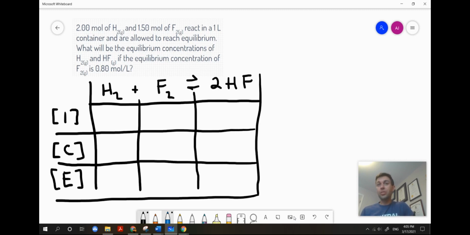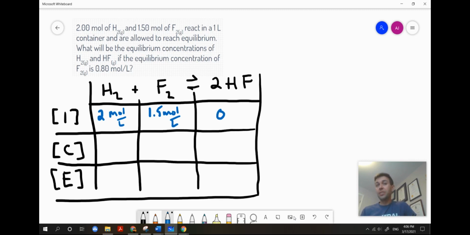So the concentration initially of hydrogen gas is 2 moles per liter. Let's write that in now. For fluorine gas, it's 1.5 moles per liter. And there's no information about hydrogen fluoride. We will assume we're starting off with none.